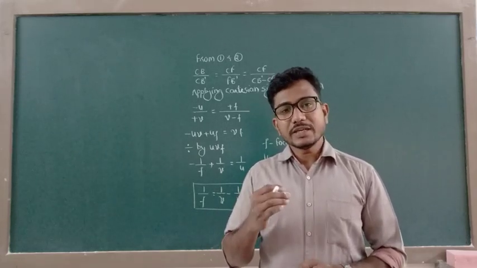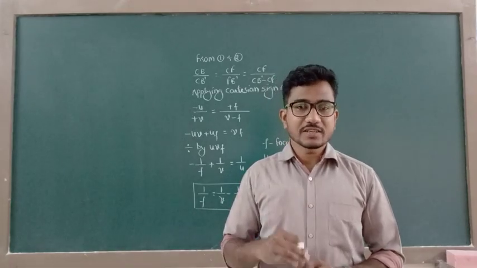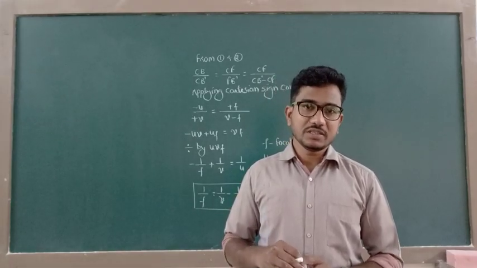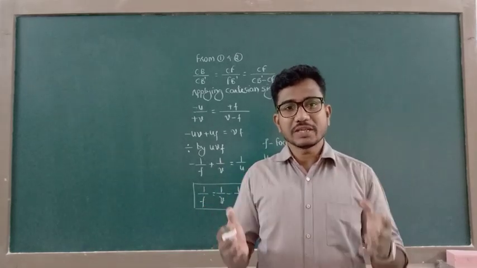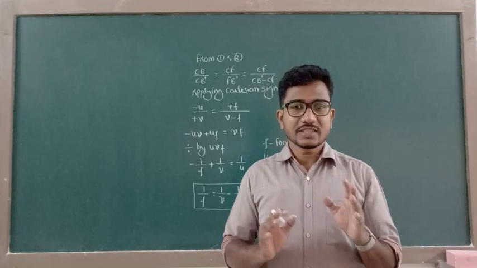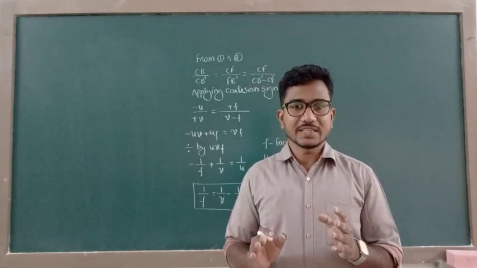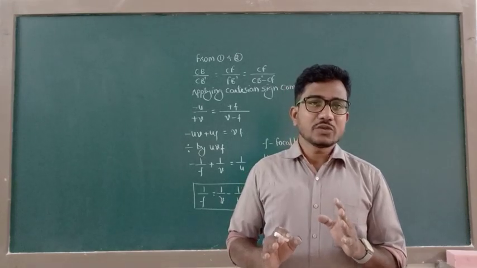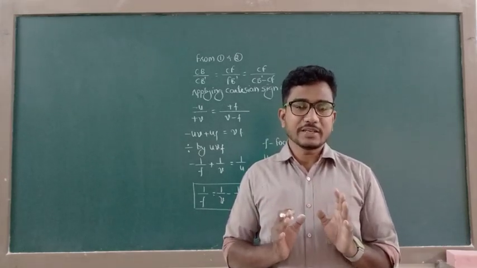If the image is smaller, how much smaller as compared with the size of the object? If the image is bigger, how much bigger? This is known as linear magnification. There is no unit for linear magnification.